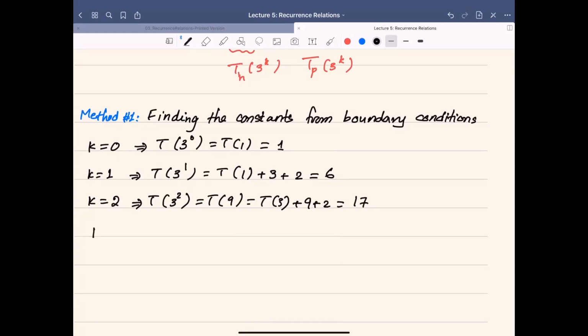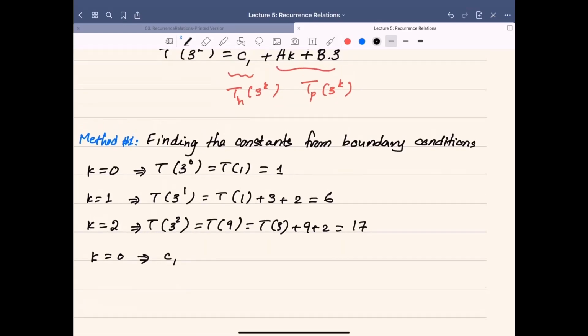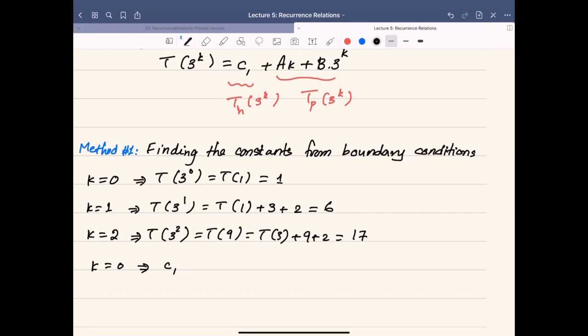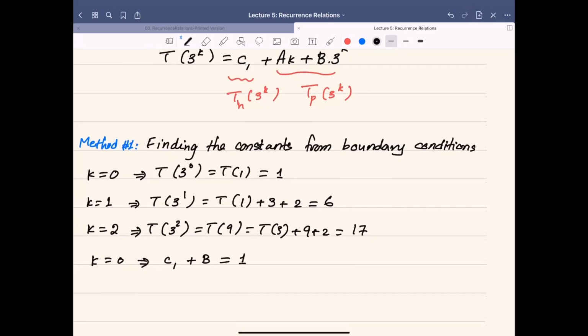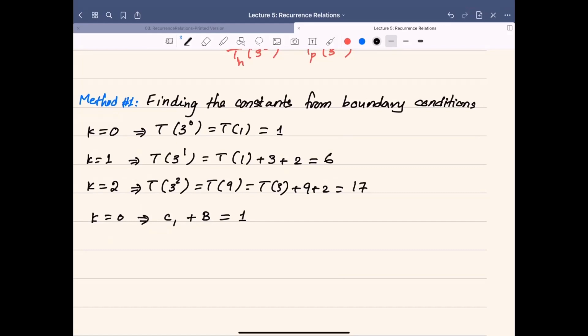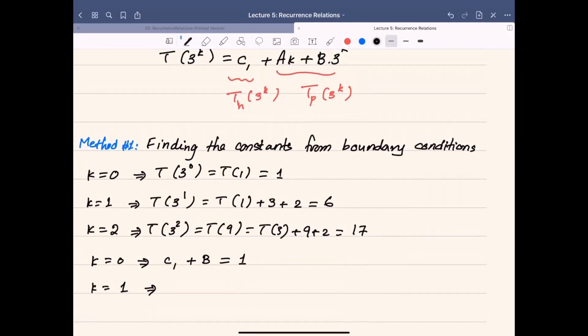So K is equal to 0. We will have C1. Let us see the recurrence relation. Since K is equal to 0, we will have C1 plus 0 plus B is equal to 1. Now for K is equal to 1, again we need to see the equation so that we can find the answer.